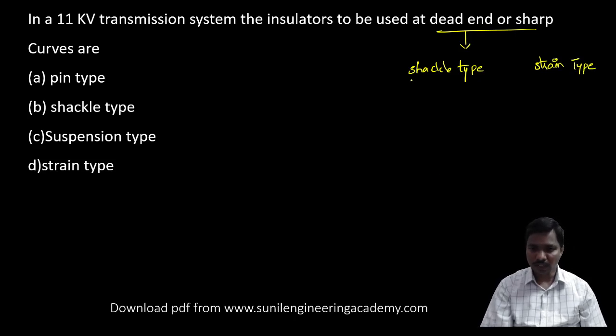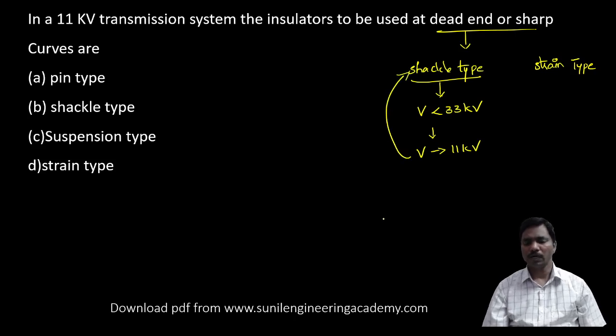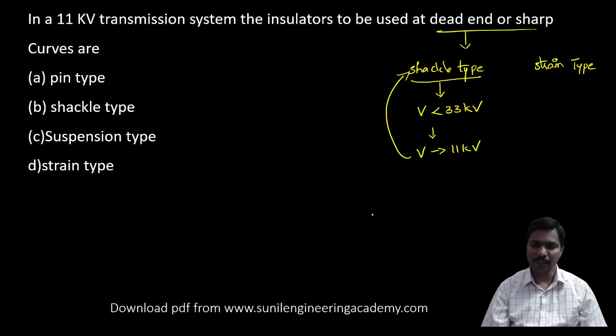The Shackle type is generally preferred whenever the voltages are less than 33 kilovolt. Especially whenever the voltage is 11 kilovolt, we go with the Shackle type, because of less maintenance.